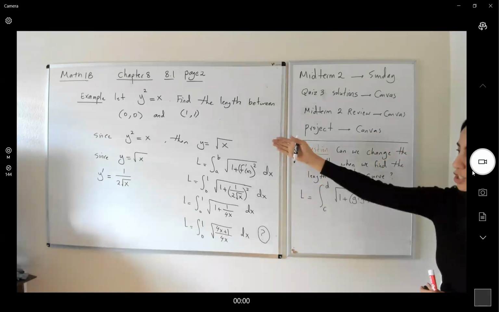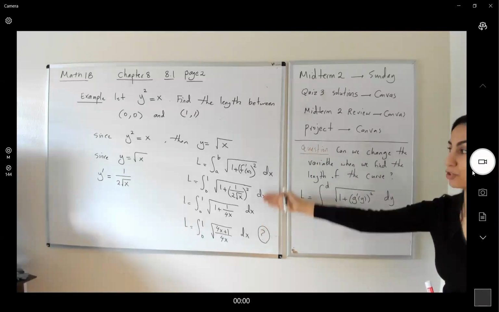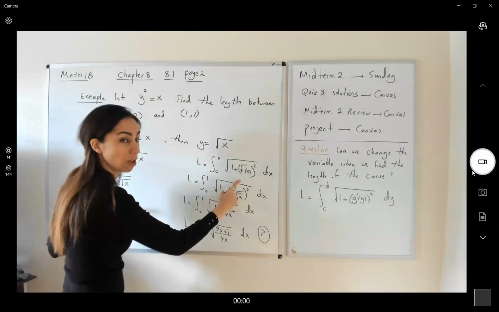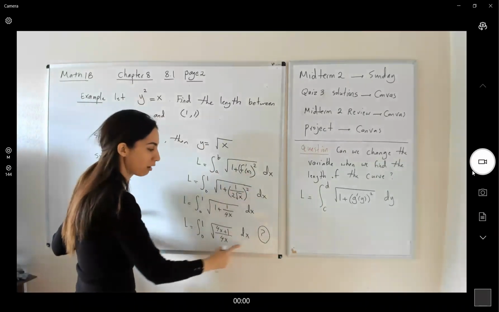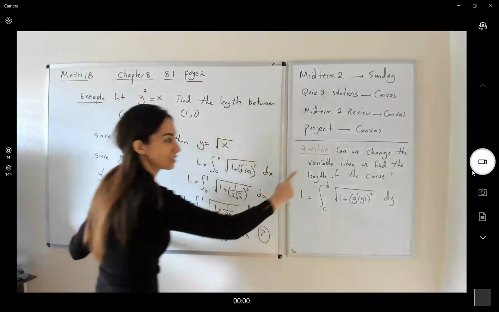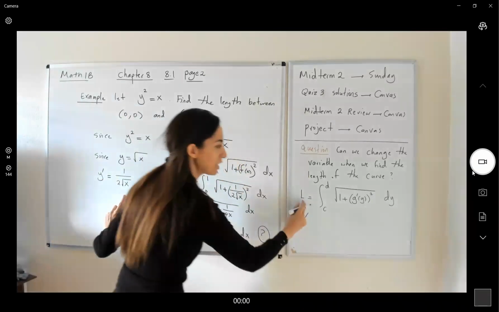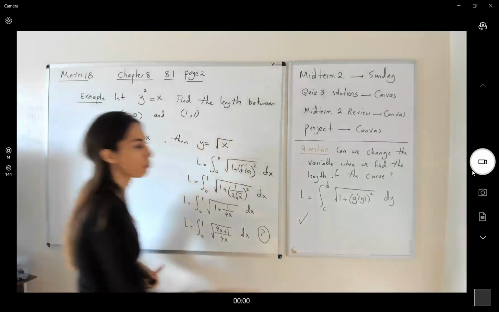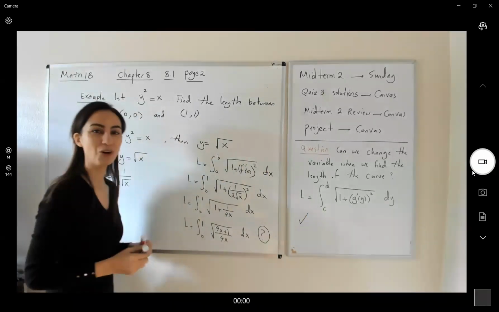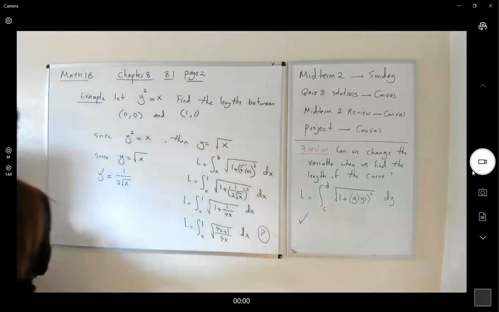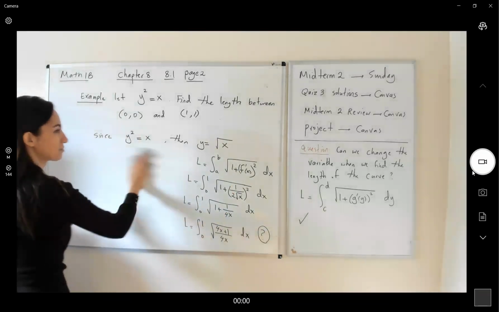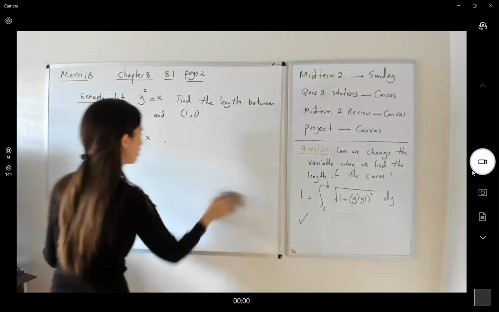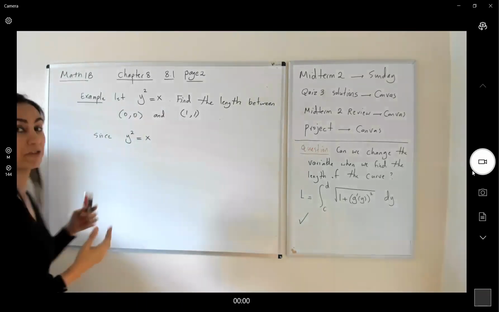So in situations like this, when you take the derivative with respect to x and you plug that in and you get a complicated integral, you can switch to this formula, finding the length of your function with respect to variable y. Okay, let's erase this and try to take the integral with respect to variable y.